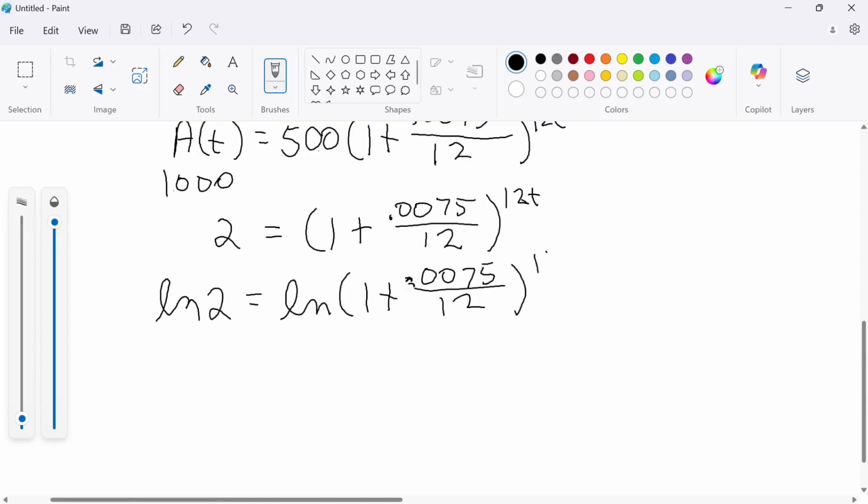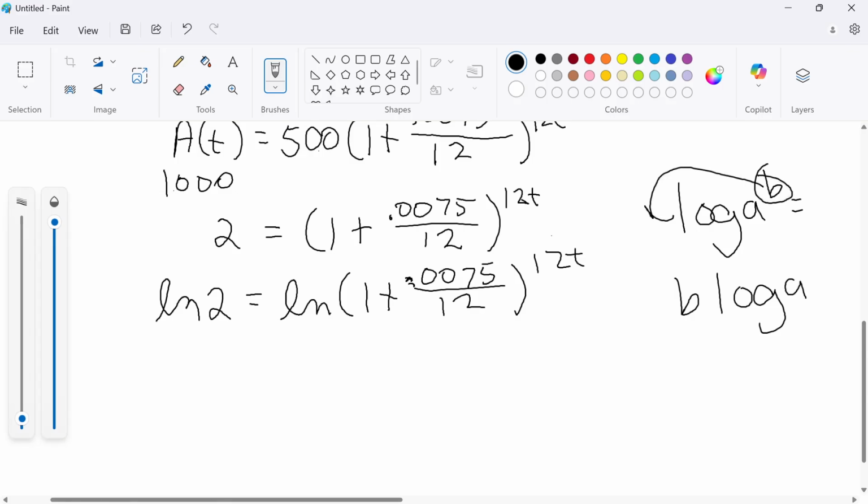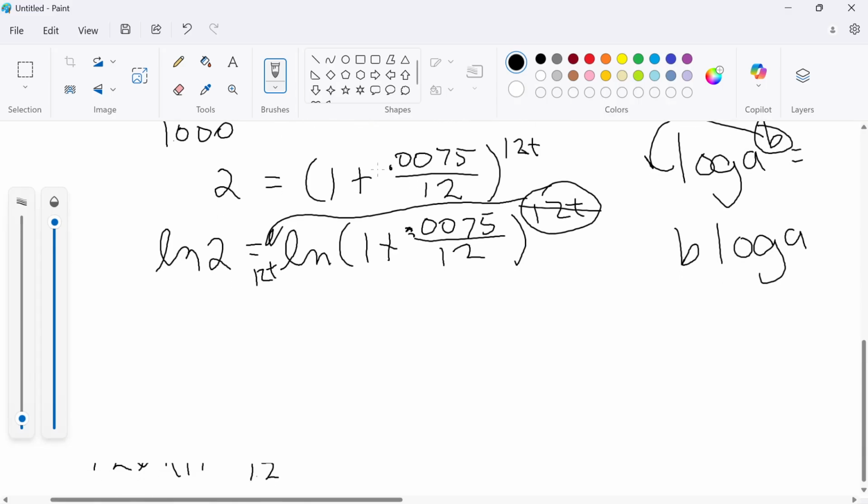Now, remember that log of any base of a to the b power equals b times log of that base of a. So in other words, I can take that exponent and move it in front. So I'm going to take this 12t and move it in front. So this is 12t. Log of 2 equals 12t times log of 1 plus 0.0075 over 12.